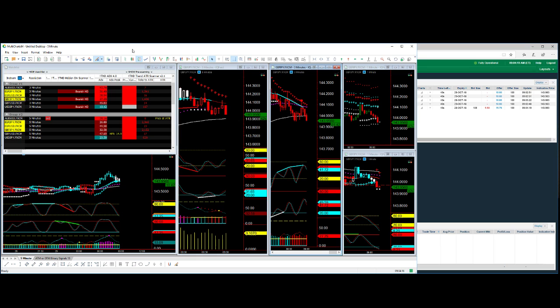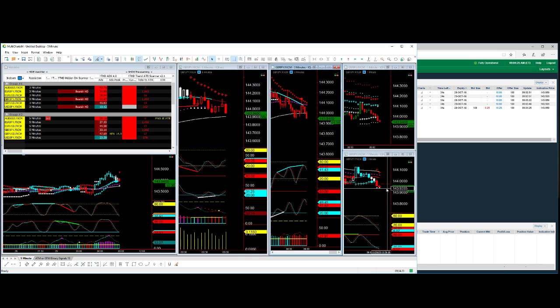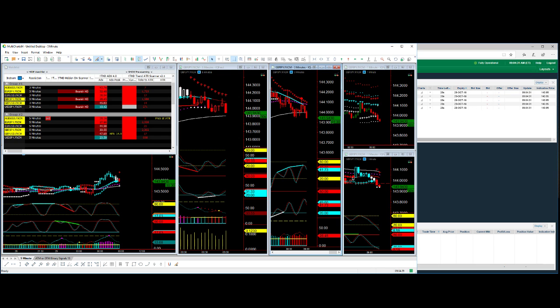Now, I would have stayed with it if this was not overextended and this white dot was not here. With that white dot there, this being overextended, an extra 20 bucks is not worth it to me. I want to lock it in. That's what I did.